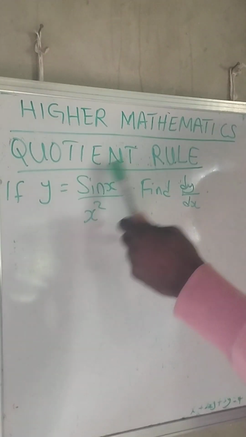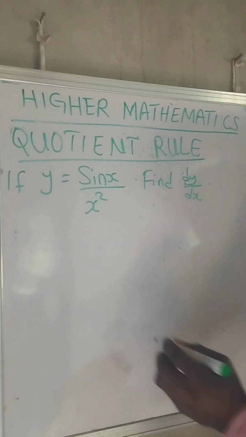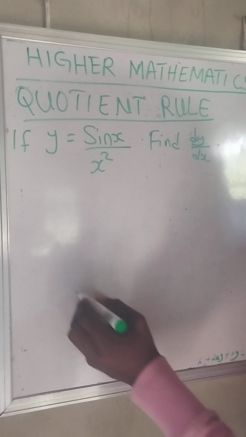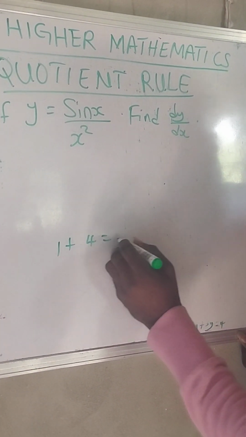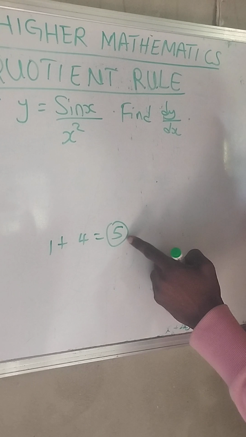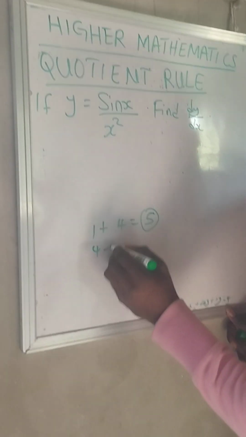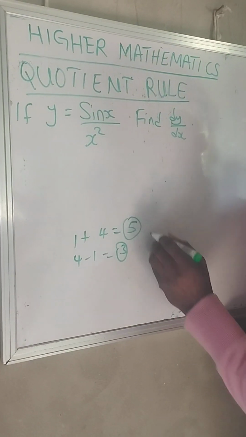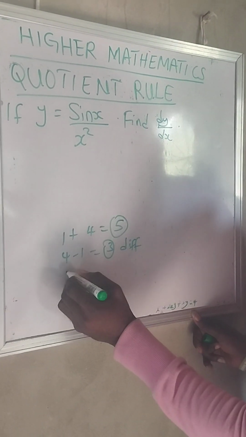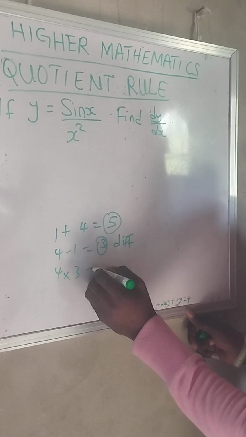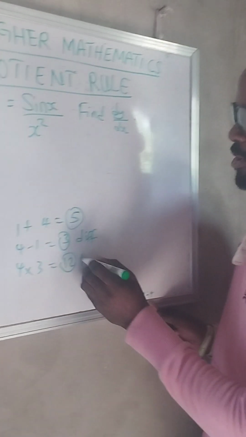What is the meaning of Quotient Rule? Quotient is gotten from the word division. Don't forget, when you have 1 plus 4, for example, is 5. 5 is called what? Sum. If you have 4 minus 1 is 3, 3 is called difference. Then when you have 4 times 3 is 12, 12 is called product.